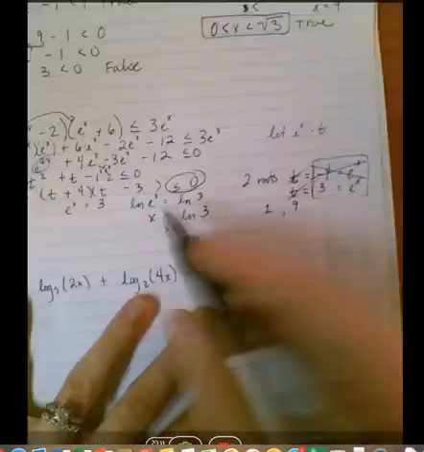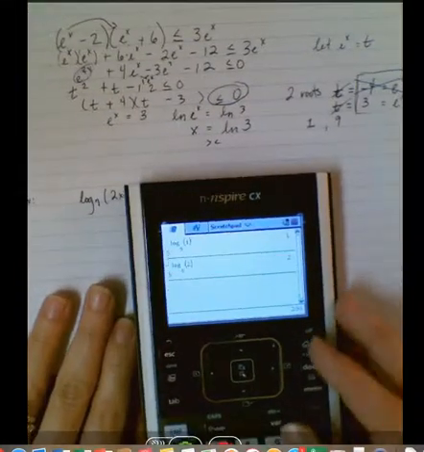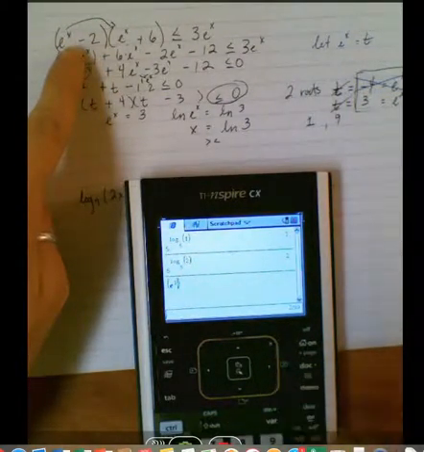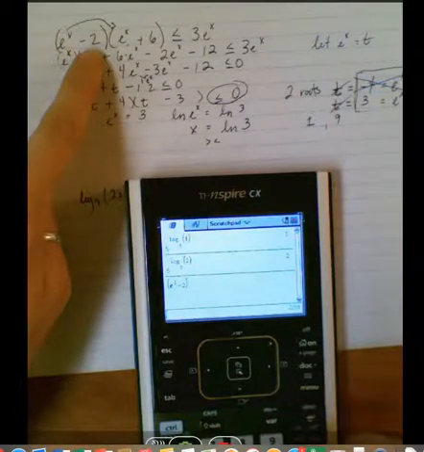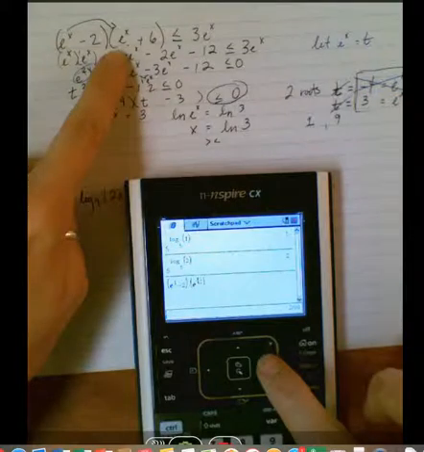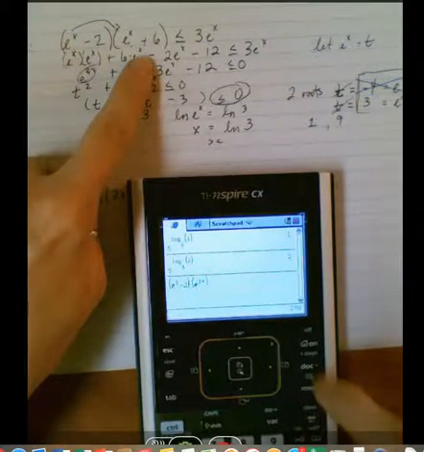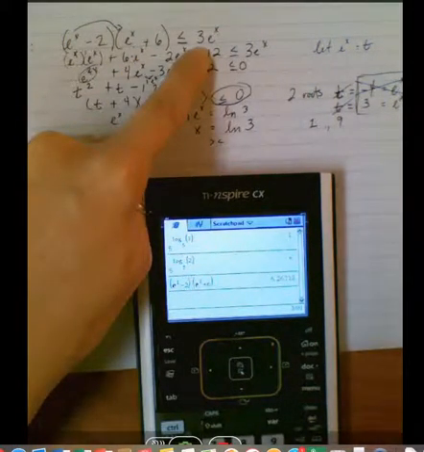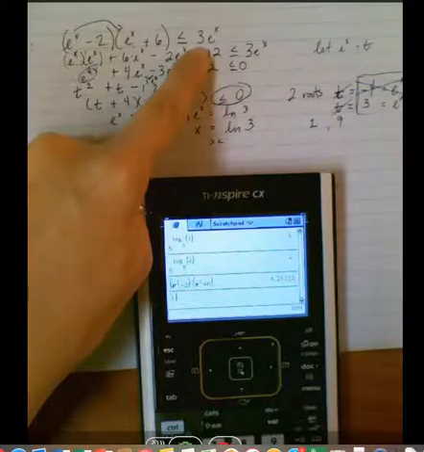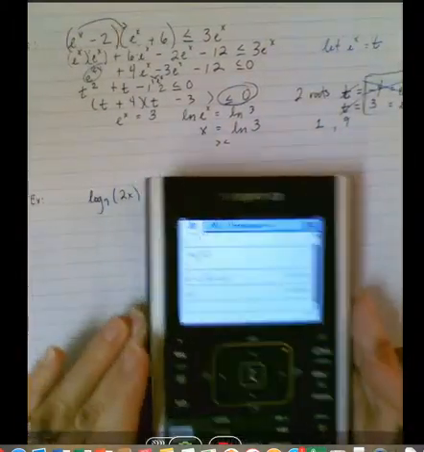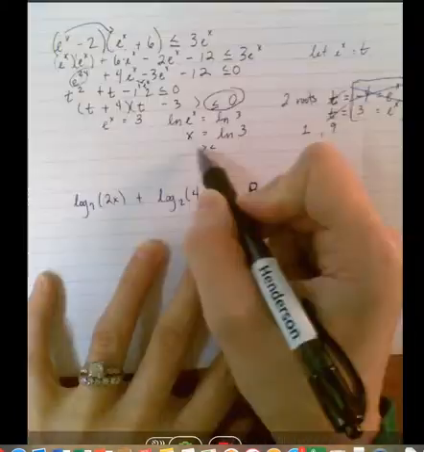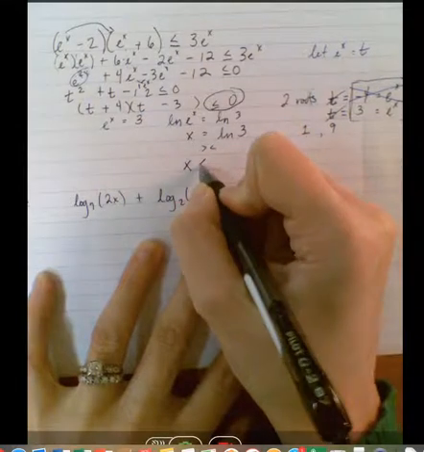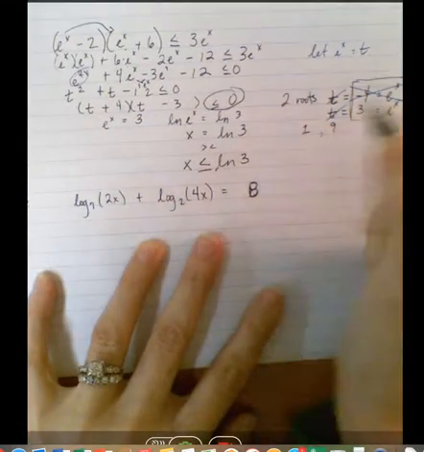I'm going to grab my calculator. e to the 1 minus 2 quantity times e to the 1 plus 6, enter, and then check over here. 3 times e to the 1. So is that true? Yeah. So we chose x less than that, so that was a true statement. So when x is less than the natural log of 3, we get a true statement.